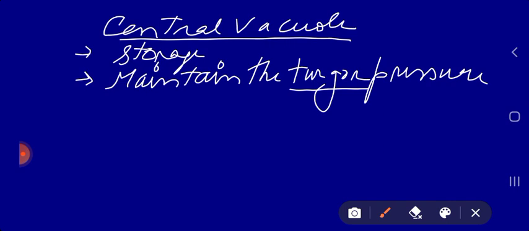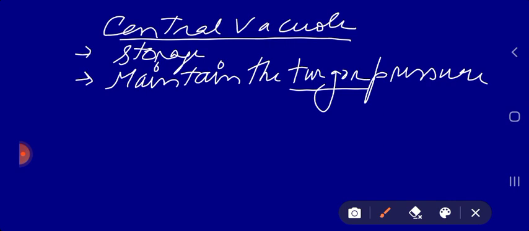It is caused by the osmotic flow of water that occurs in plants. It also occurs in fungi as well as in bacteria. So the central vacuoles also play an important role in maintaining the turgor pressure against the cell wall.